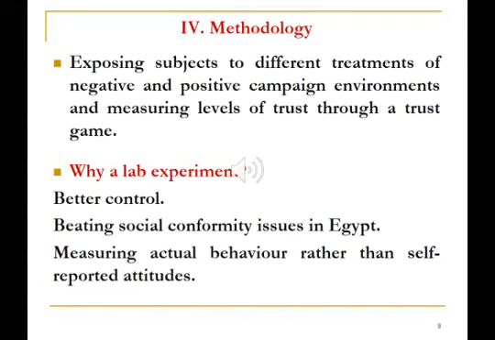And then after that exposure, we measure the interpersonal trust level between them. If we find that those who are exposed to a context of negative campaigning are less likely to trust each other compared to the control, then we prove our hypothesis. So it is very straightforward, very simple.